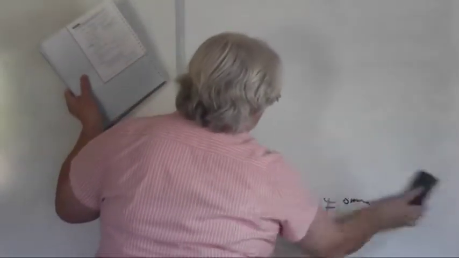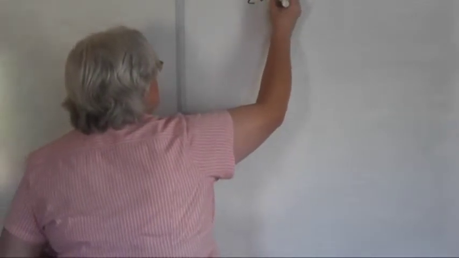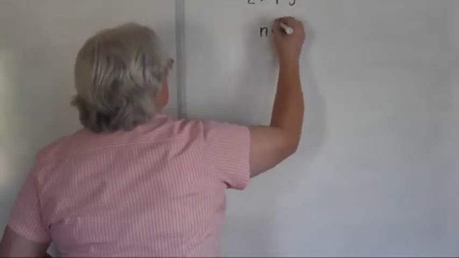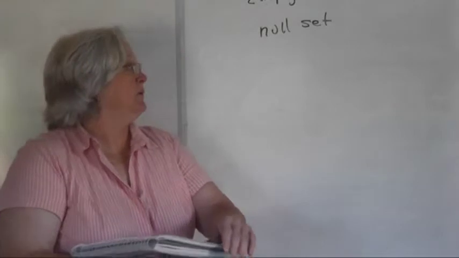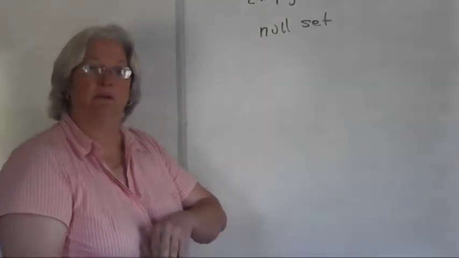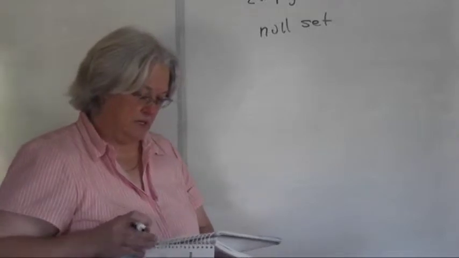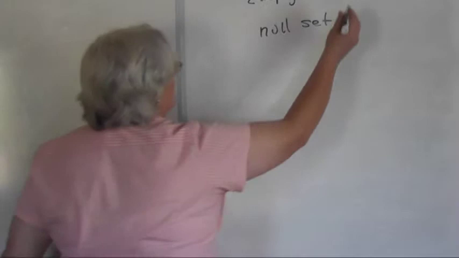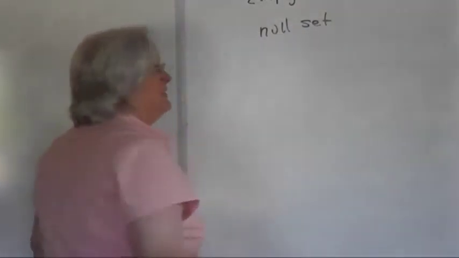There's one final word, well, two final definitions actually. You have the empty set and you have the null set. And what do you think an empty set might be? Well, it's a set that doesn't contain any members.